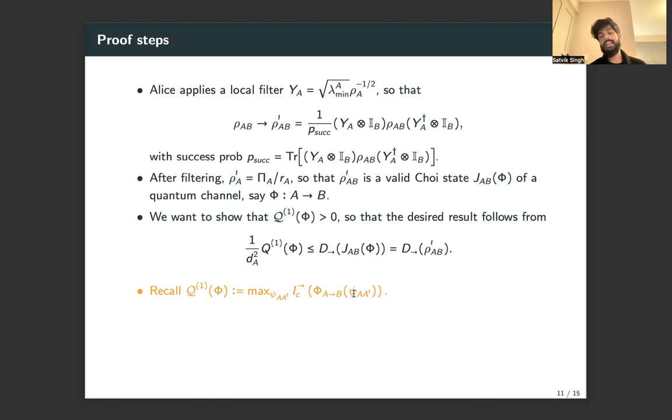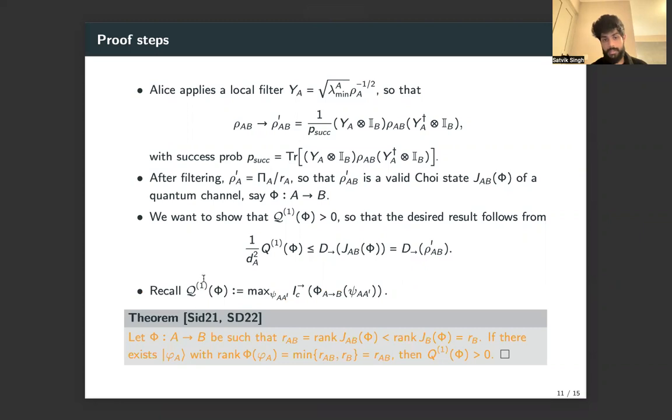Alice takes a pure bipartite input state, where A prime is some reference system, and the A subsystem is sent through the channel phi, and then you compute the coherent information of the resulting state, and then you optimize over all possible inputs, and this gives you the coherent information of the channel, and the regularization of this quantity gives you the full quantum capacity of the channel. And we want to prove that this quantity is positive, and we do this by applying some recently obtained results.